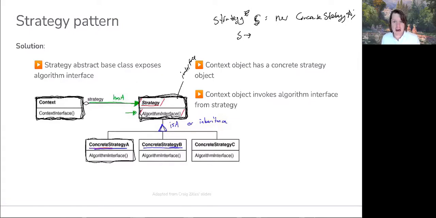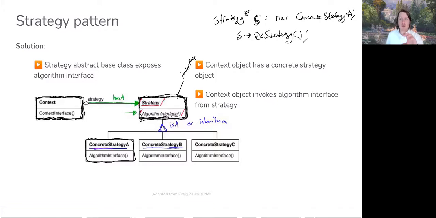How do we invoke a strategy in our gameplay example? S.doStrategy. Let me use the correct casing here. Something like that, right?